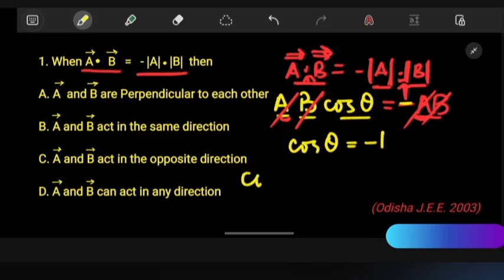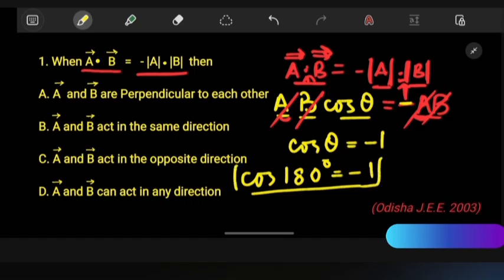We know cos 180 degree is minus 1. This is a common value. Cos gives minus 1 at many angles, but the most commonly used one is cos 180 degree. It is minus 1. So we can say from these two pieces of information that theta is 180 degree. Okay.